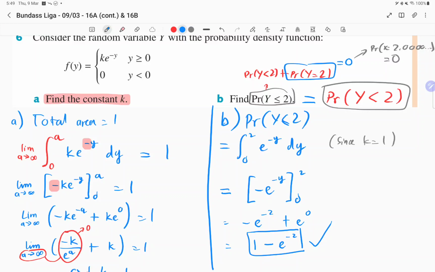Because when you antiderive it, remember you have to antiderive it, so that'll be this thing and then divide by minus 1, because negative 1 is the coefficient of y. That's dy, by the way, because you antiderive with respect to y. Oh, is it negative e to the power negative 2 plus 1? Yep, that's right. Or 1 minus e to the power negative 2, same thing.